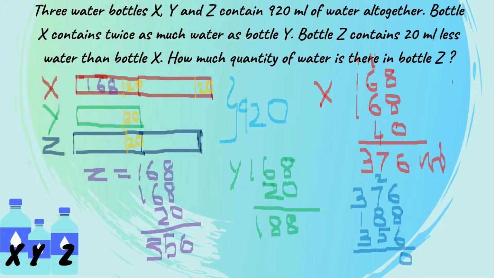Now 8 and 2 is 10, 10 and 7, 17, 17 and 5 is 22. So balance is again 2. Now 3 and 2, 5, 5 and 1, 6, 6 and 3, 9. So we got 920. Yeah, so the answer is right.